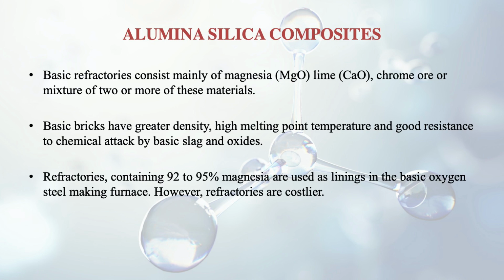There are refractories containing 92 to 95% magnesia, and these are used as linings in the basic oxygen steel making furnace. This basic oxygen steel making furnace we have learned about earlier in our sessions. But refractories with this kind of lining are costlier.